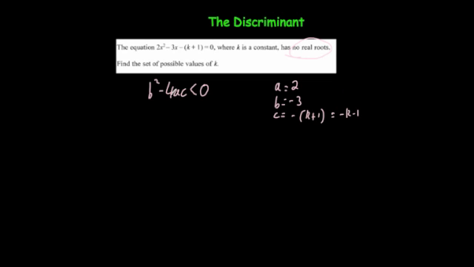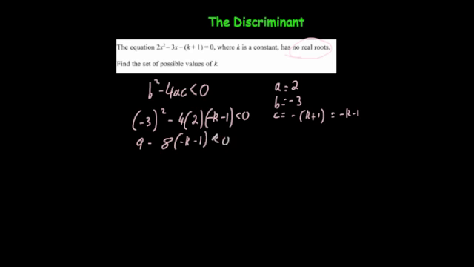Let's substitute these into the discriminant. So we have minus 3 squared, subtract 4 times 2 times c, which was equal to, well, let's use this version, minus k minus 1. And we know because it has no real roots, it is less than 0. Working this out will give you 9 subtract 8 bracket minus k minus 1 is less than 0.